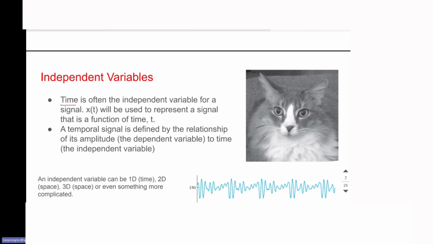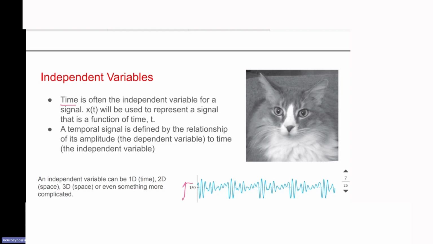Most of the signals we will see in digital signal processing have time as the independent variable, on the x-axis. On the y-axis there may be any type of signal, such as amplitude, or voltage if we talk about an electrical signal.